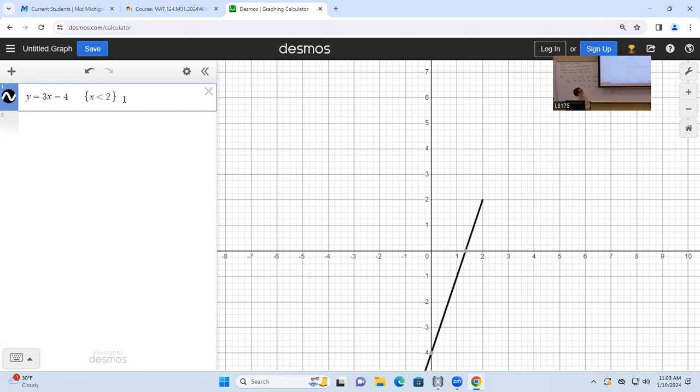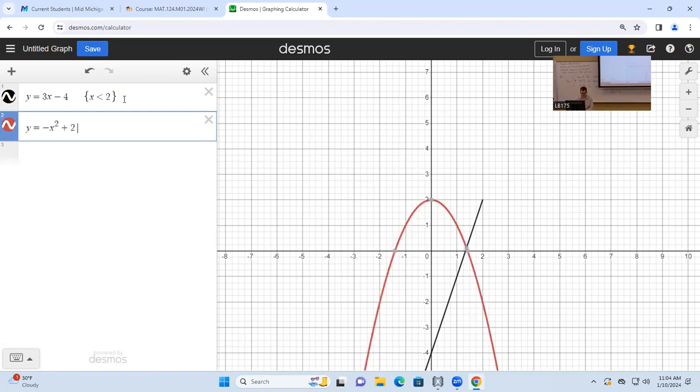So you just, in set brackets, say for x values less than 2. You want your function to be negative x squared plus 2 for x values between, less than or equal, excuse me, so between 2 and 3.